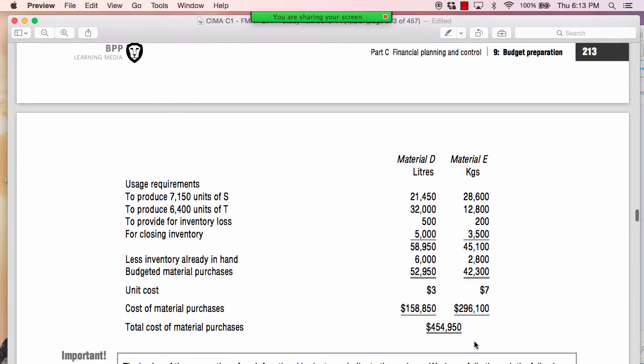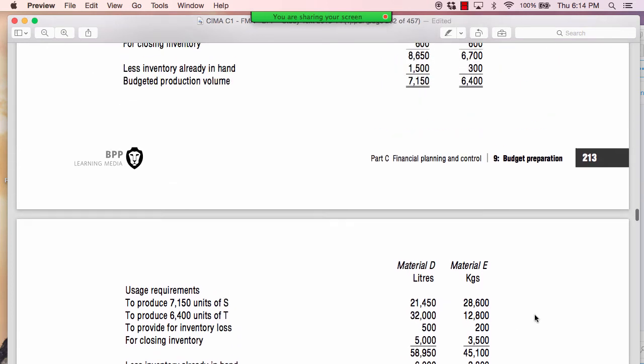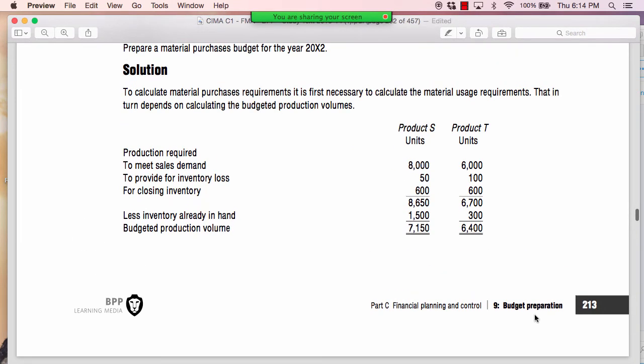Once you get that, then things become quite easy. It's a case of saying how much is the usage now? What is the material usage? Okay. Is this question clear to you guys? How you prepare it? Is it clear?